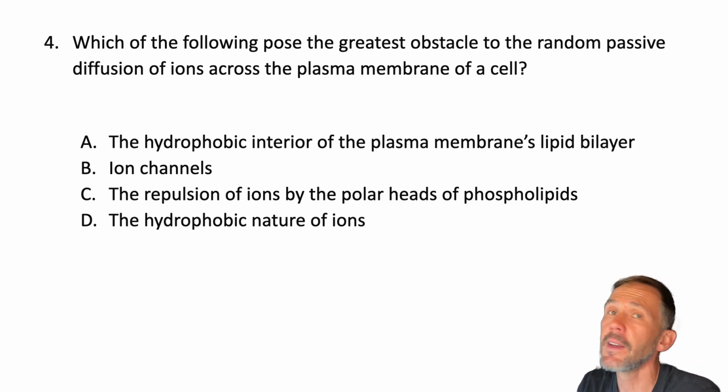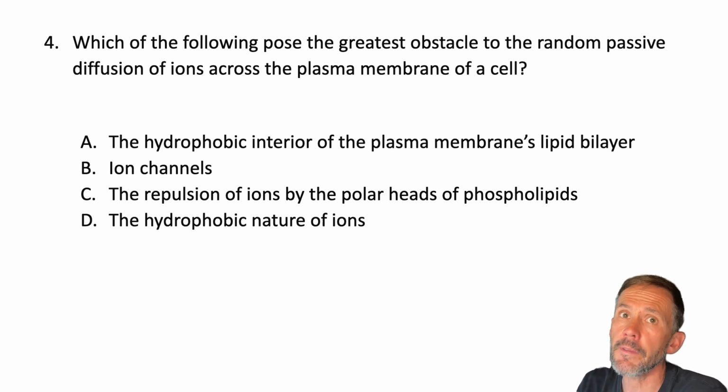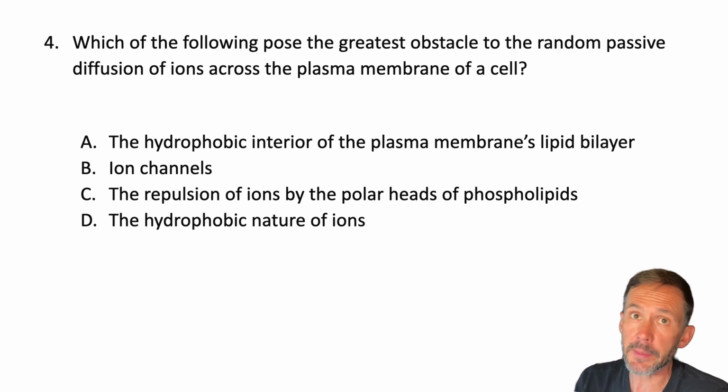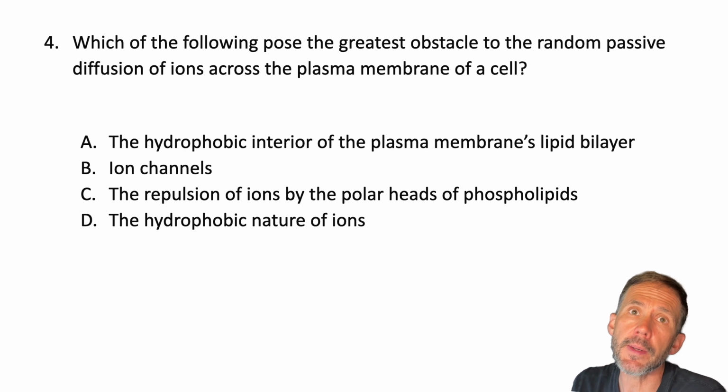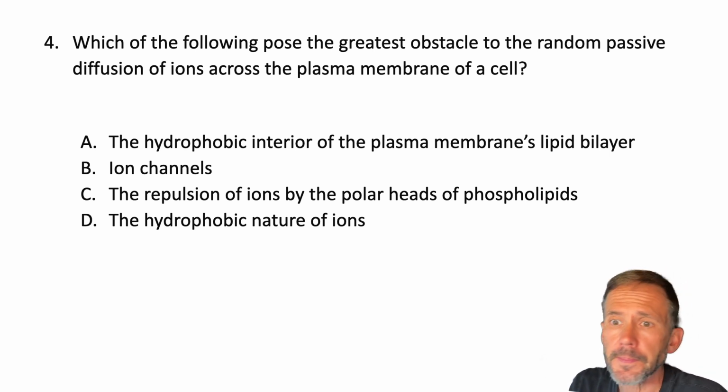They for sure need help with proteins that are facilitated diffusers that allow them to cross down concentration gradients, or active transporters like the sodium-potassium pump. Proteins do great jobs of moving ions across membranes, but ions can't just diffuse across lipid bilayers.